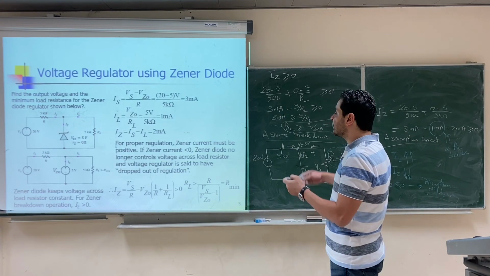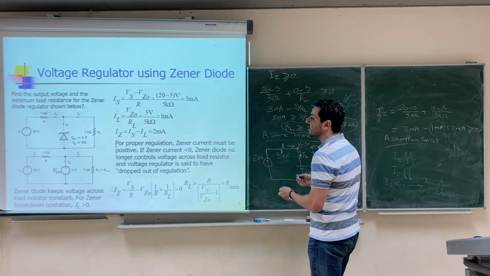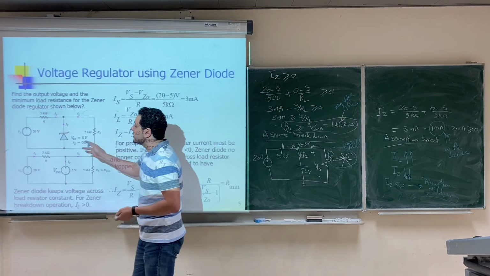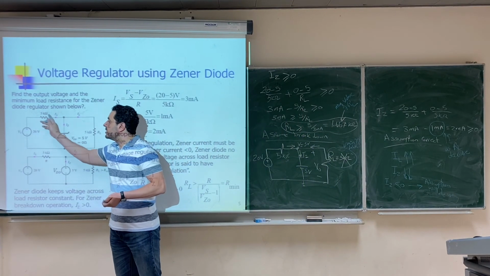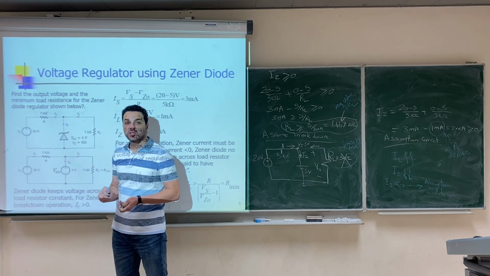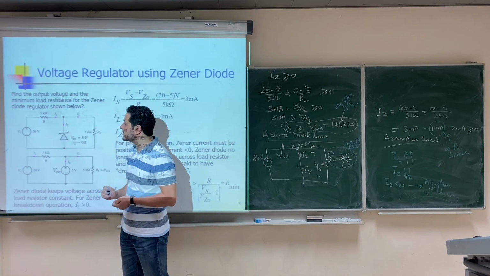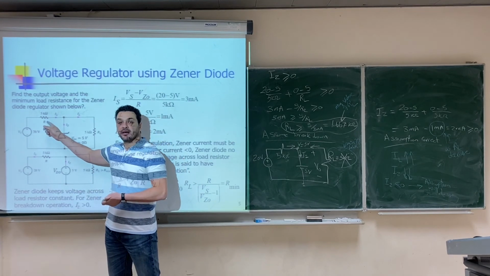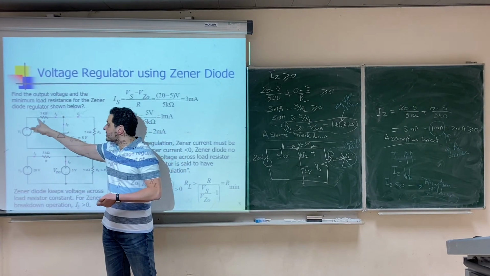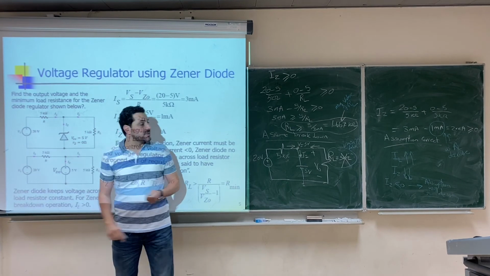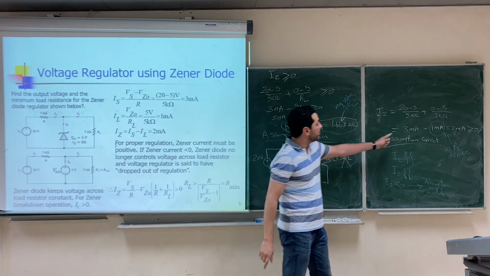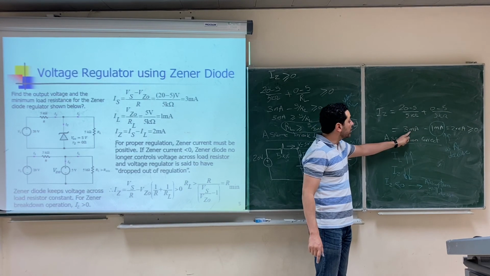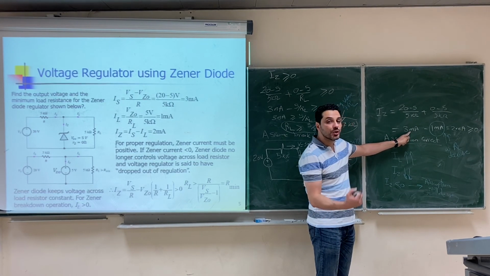Okay? So this is how, if I ask you about the minimum load resistance, or even sometimes I'm going to ask you about the maximum source resistance, the maximum resistance R connected to the source. Why the maximum? Because again, as we increase R here, the total current coming from the source is going to decrease.